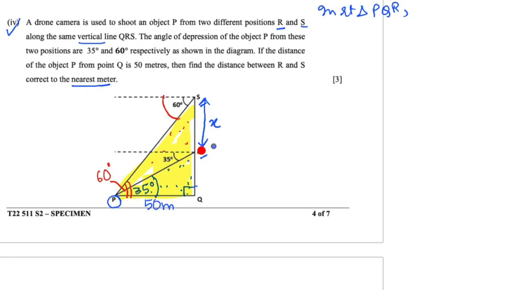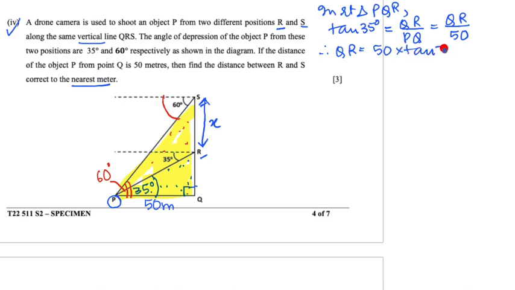So we will say over here tan 35 degrees is equal to QR upon PQ, which is equal to QR upon 50. So therefore QR comes out to be 50 into tan 35 degrees. So 50 multiplied by tan 35, which is 0.7002.